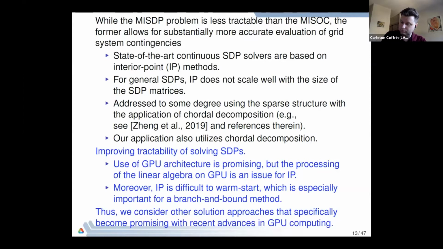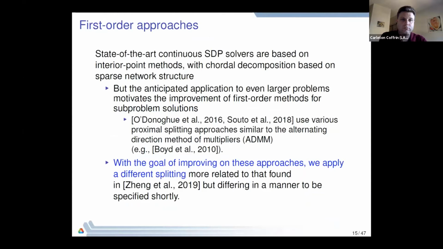We looked into using new developments with GPU architecture, but they cannot handle the linear algebra required by the interior point method. And also warm starting is an issue with our bigger picture purpose in branch and bound. Thus, we consider alternatives to interior point with first order methods, and these approaches in power flow have also been studied.